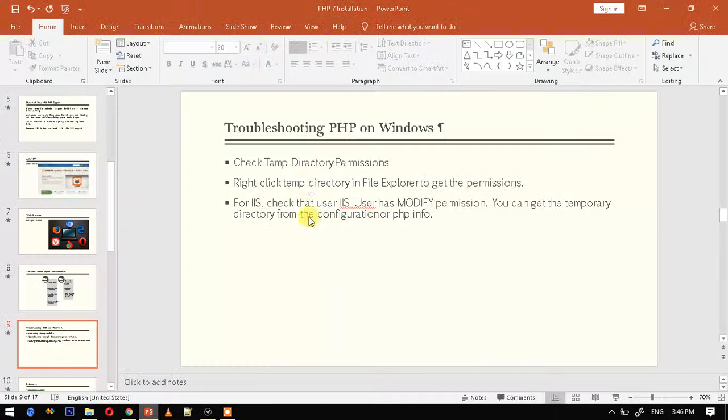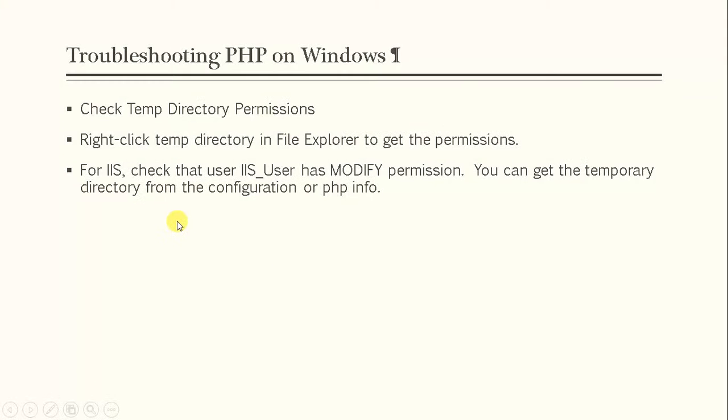The permission is now activated. For IIS, check that the IIS user has modify permissions. You can get the temporary directory from the configuration or phpinfo.